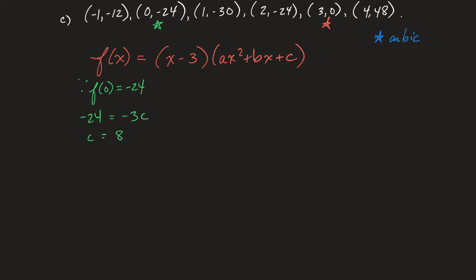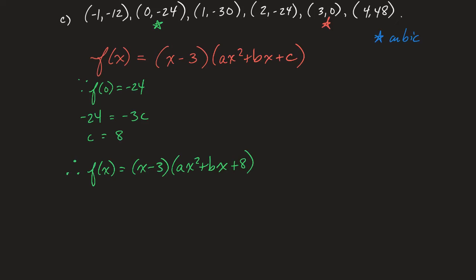And I just solved for my value of c. It's 8. And so the version of the function that I want to use now has a factor of x minus 3 and a somewhat generic factor, but we've now solved that the c value is 8.